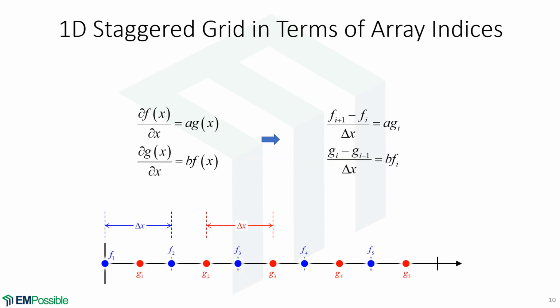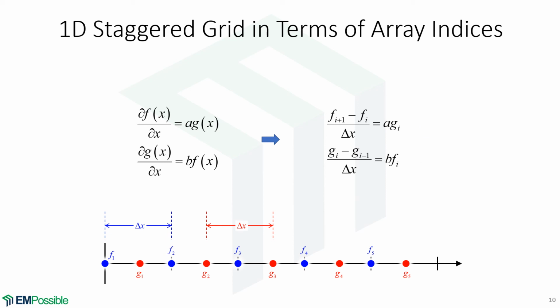So I don't like to write my finite difference equations in terms of x plus delta x and all that. That kind of gives us some physical meaning to talk about the equations. But the reality is we're working with arrays in computer memory, and I much prefer to work in terms of array indices. So writing our finite difference approximations in terms of array indices, we are here.